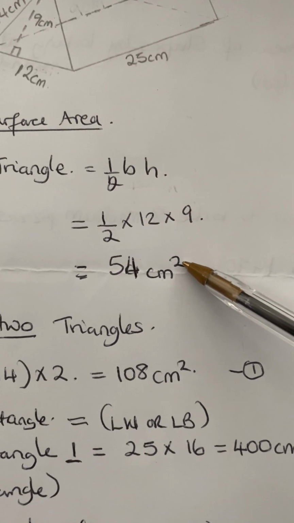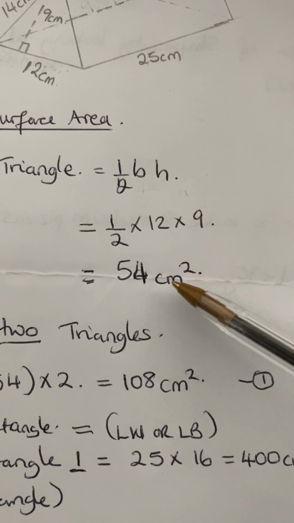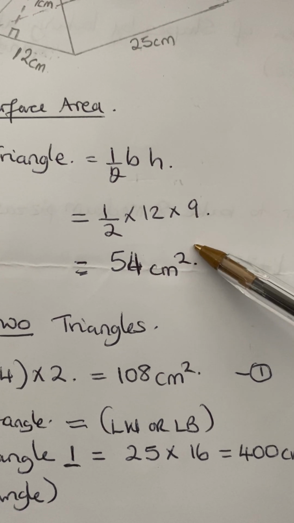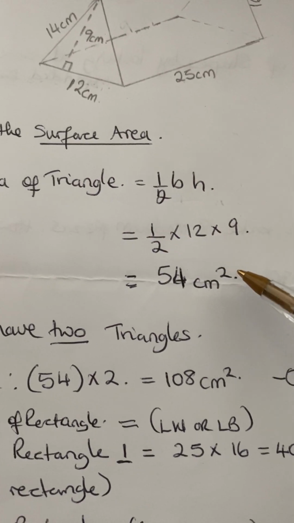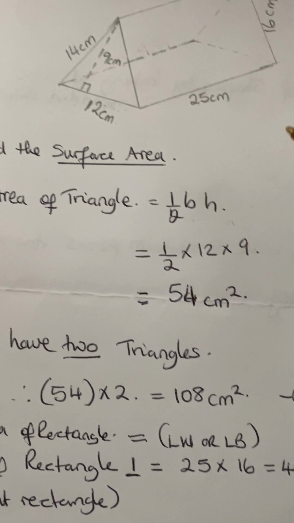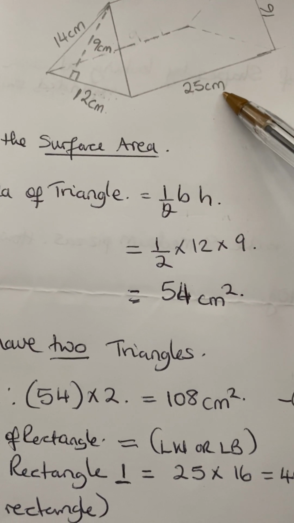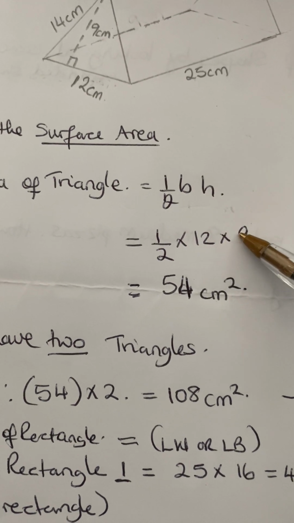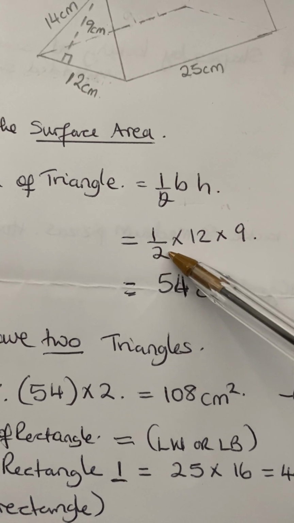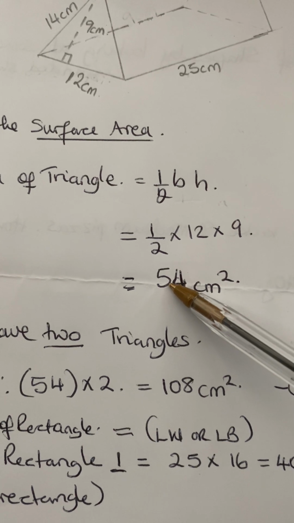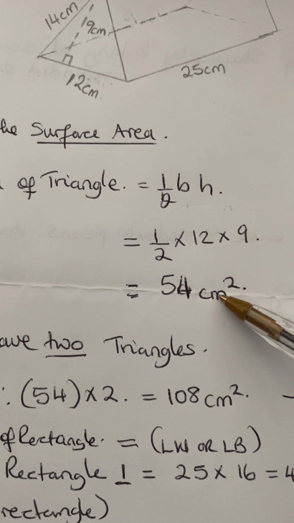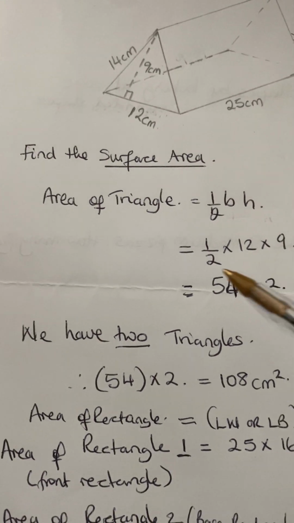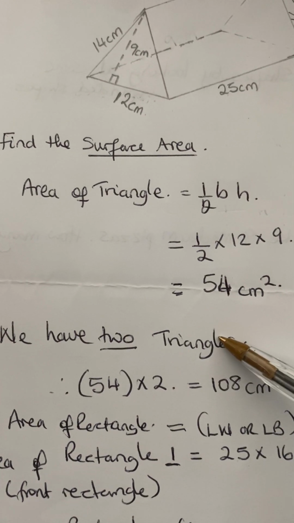If you do that correctly on the calculator, you get 54 centimeters squared, because area is in centimeters squared. Our unit is in centimeters. So half 12 times 9 first, then you divide by 2. So you're going to get 54 centimeters squared. Remember your unit. Now we have two triangles.